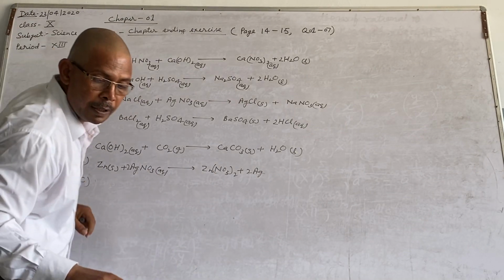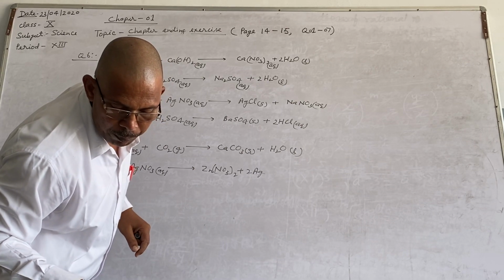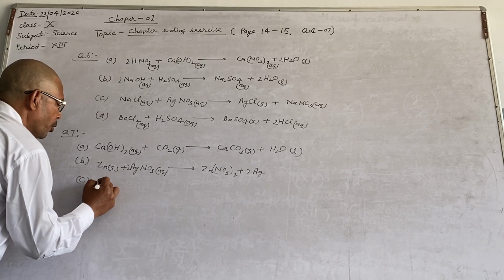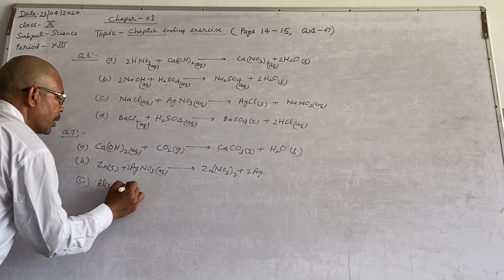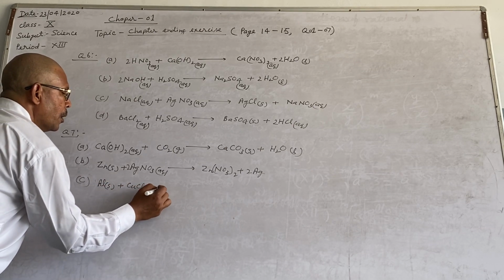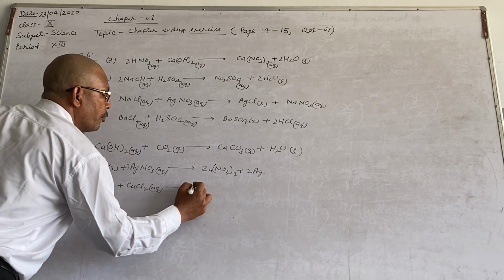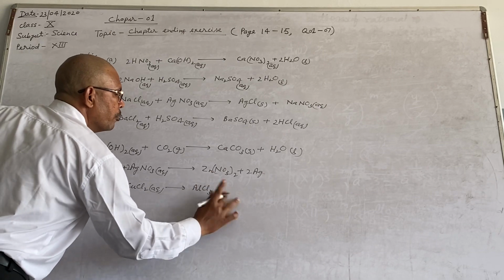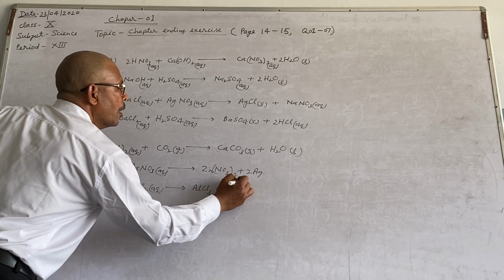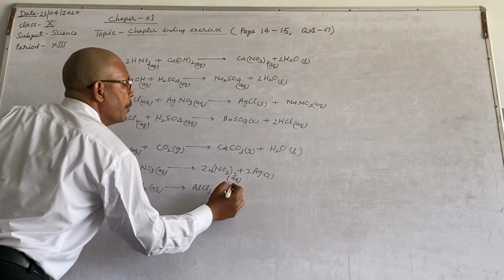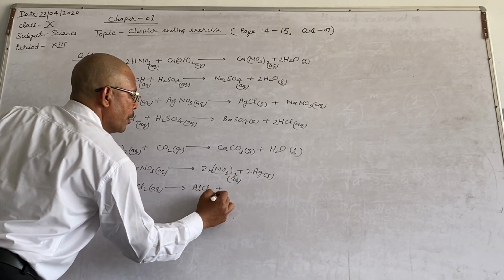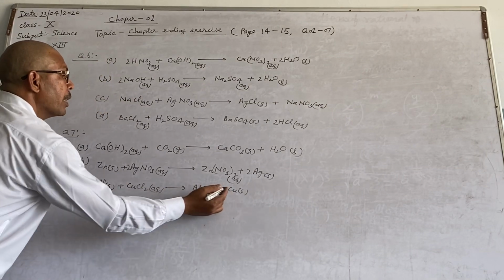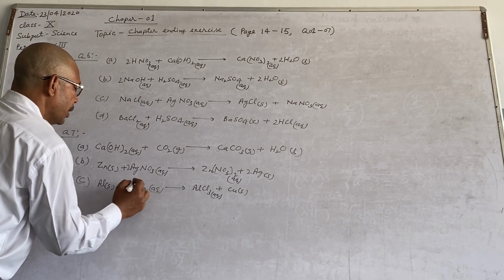C. Aluminium plus copper chloride gives aluminium chloride plus copper. Aluminium plus copper chloride react to form aluminium chloride aqueous plus copper solid. So balance them here.